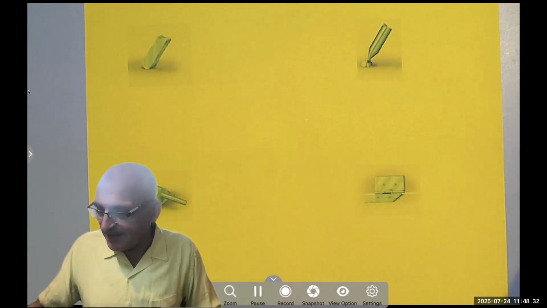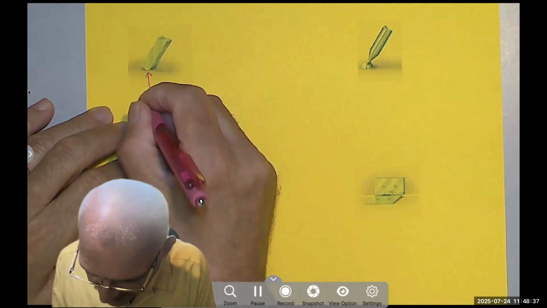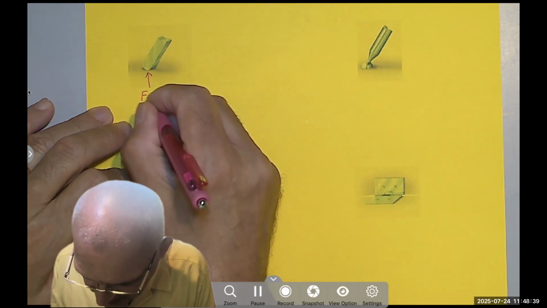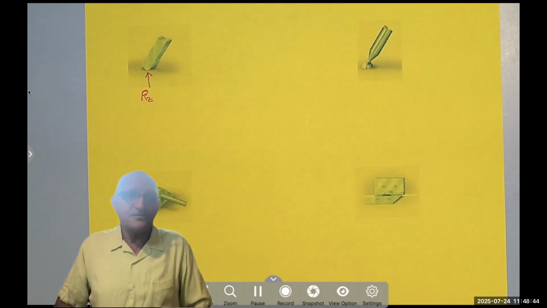In fact, it moves in the X or the Y as you want, but it cannot move along the Z. Hence, there would be a force in Z, or R, let's say R for reaction, R sub Z reaction.